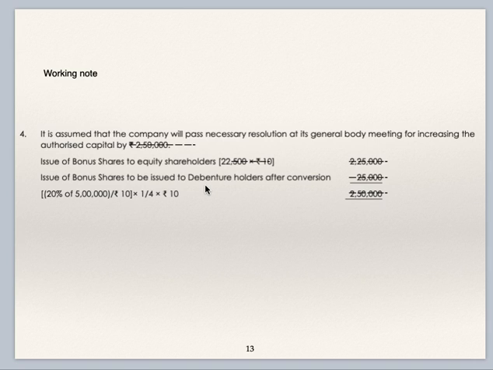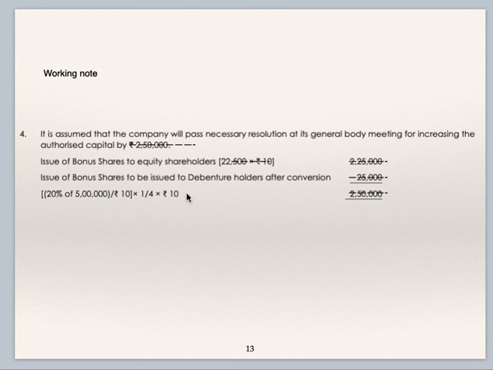So in that you have to add 37,500 bonus issue plus 15,000 equity shares issued to debenture holders after conversion, and they will also get bonus in the ratio 4:1. So they will get 3,750 bonus shares.